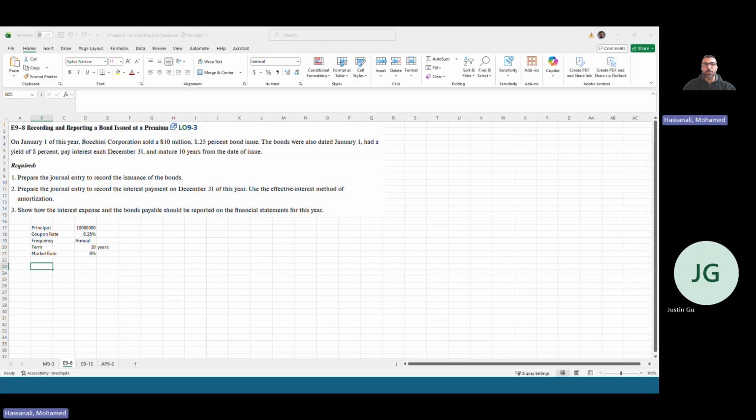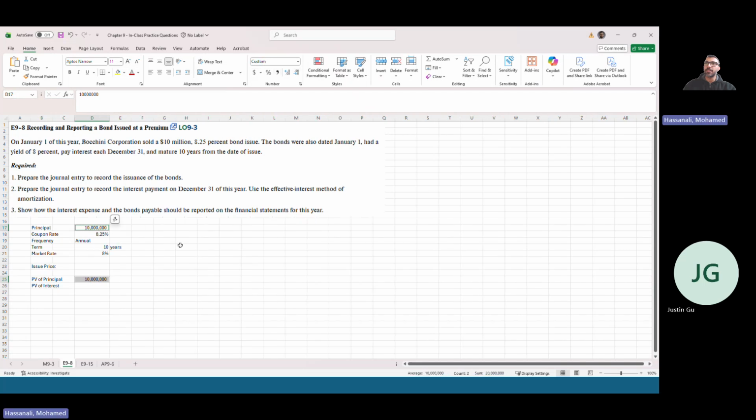Okay, so when we're trying to calculate the issue price of the bond, first thing we need to do is calculate PV of principal, and we need to calculate PV of interest. Okay, so present value of principal, we know we need to start with the $10 million.